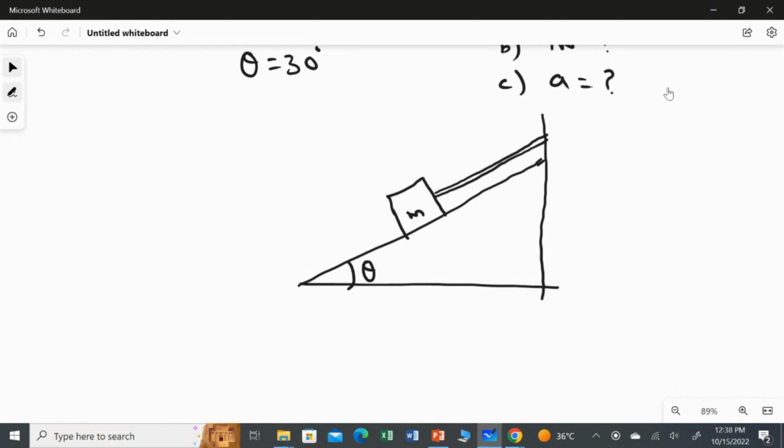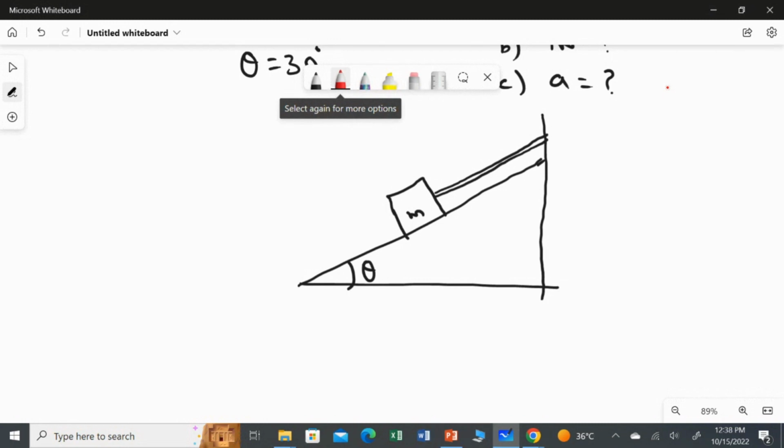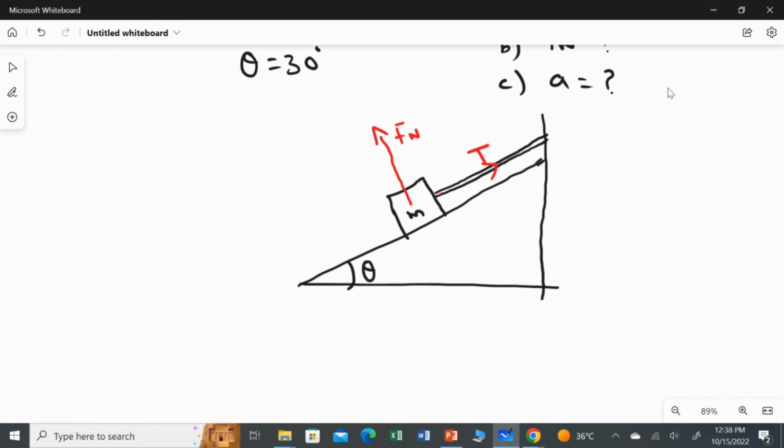So how to deal with the free body diagram? We have to draw the forces. How many forces are acting on this block of mass? Exactly perpendicular to the surface, you will get a normal force, which is Fn. In this direction you will get a tension, because the tension is applied to the string.